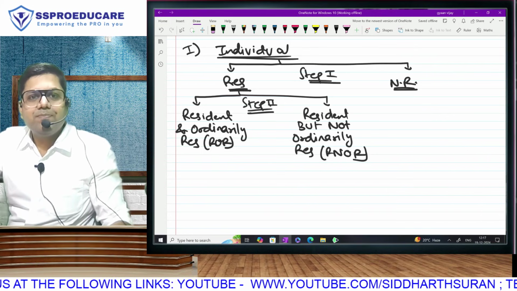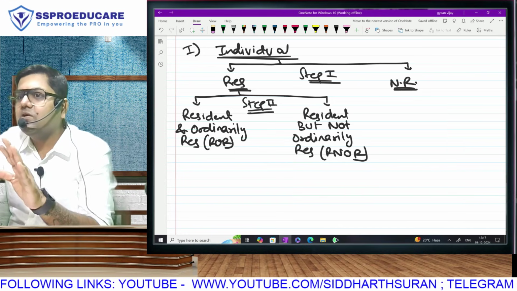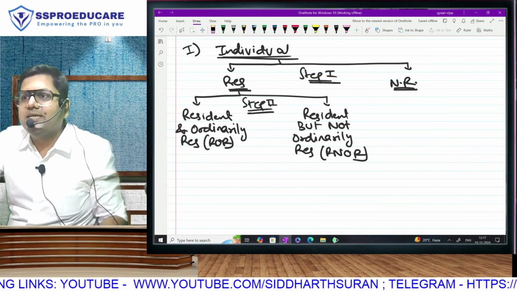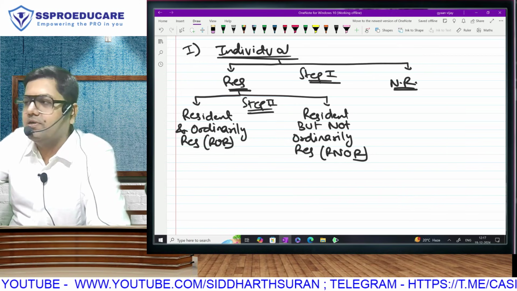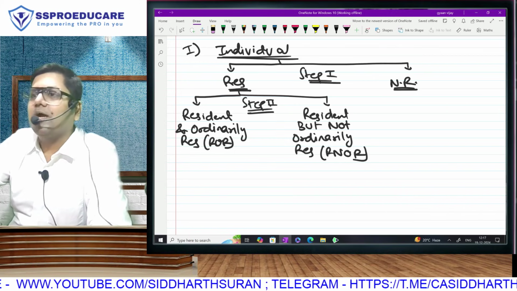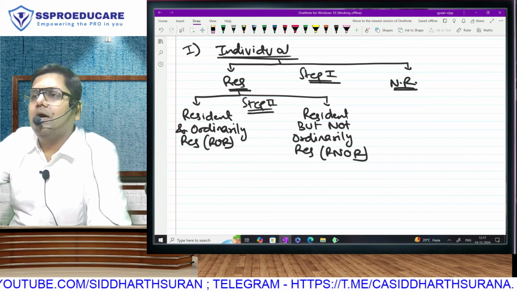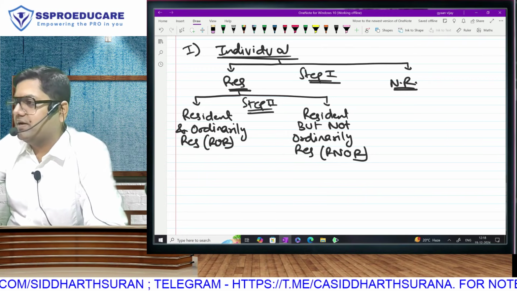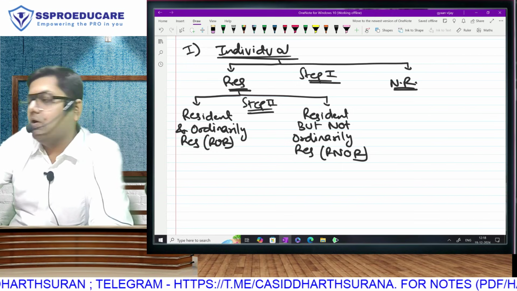If the answer of step number 1 is non-resident, there is no step 2, because there is nothing called ordinary non-resident and not ordinary non-resident. Non-resident is non-resident. There is no further division into ordinary or not ordinary. So step 2 will be done only if step 1's answer is resident. So step number 1, resident or non-resident. If answer is non-resident, answer is over. If answer is resident, then perform step number 2, ROR or RNOR.